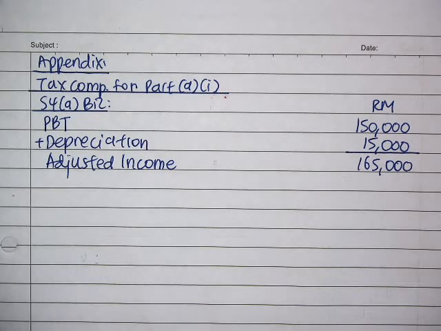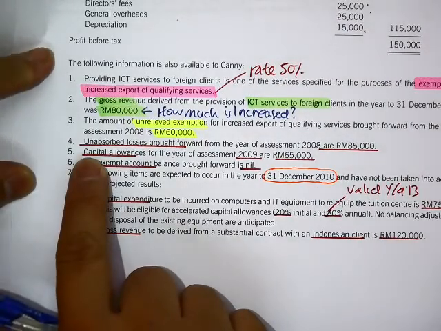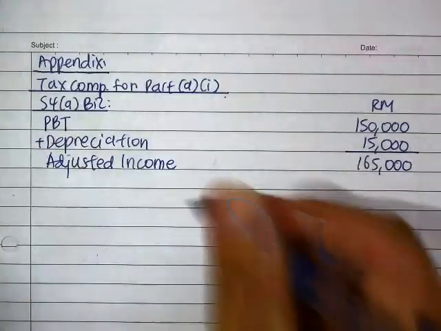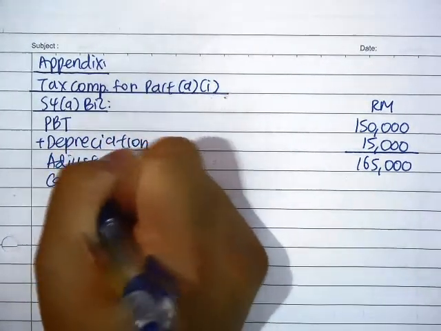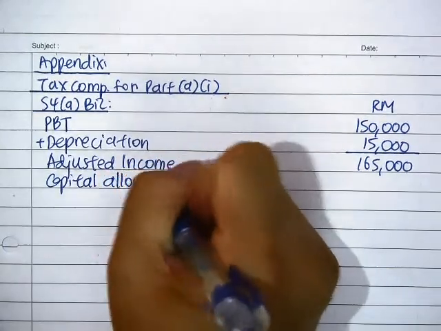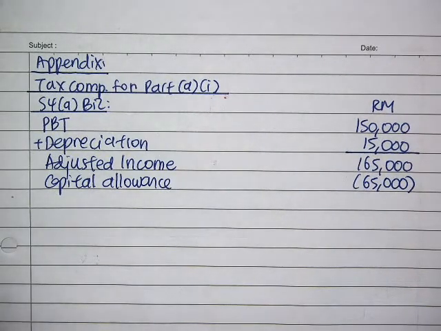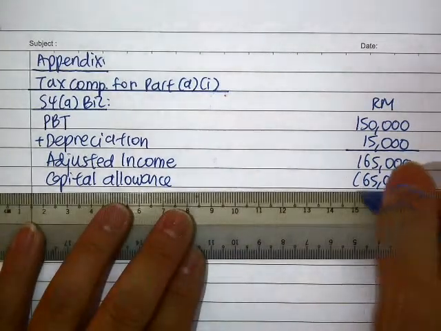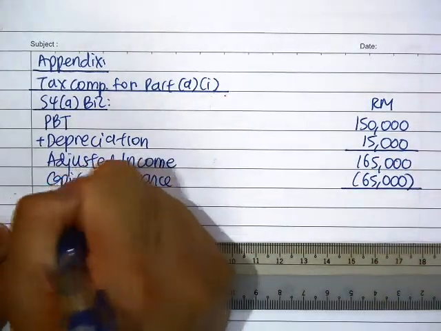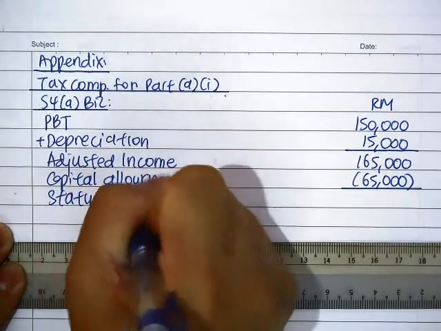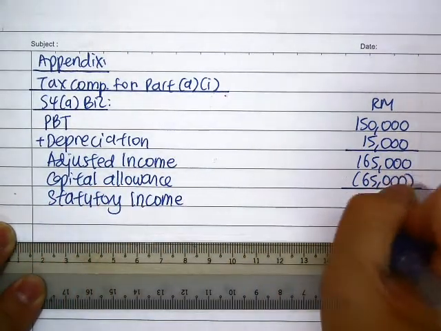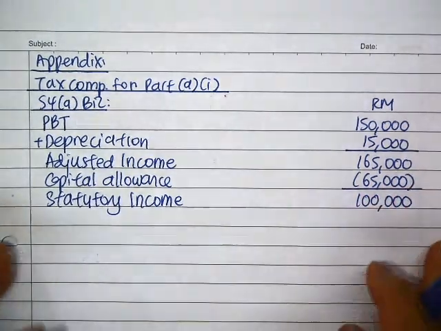When you claim CA, you only claim CA based on note 5, 65,000. So statutory income is 100.